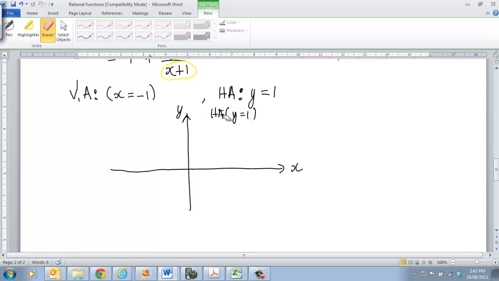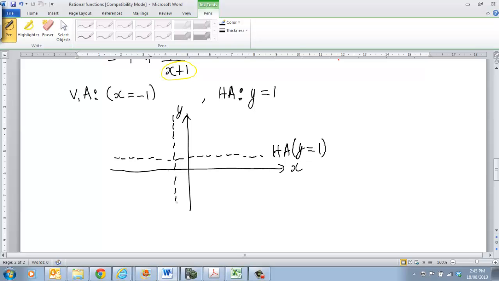That's not a horizontal asymptote, it's a vertical asymptote. So I'm going to have my horizontal asymptote here, y is equal to 1, and a vertical asymptote over here at x equals minus 1. Alright, so you get the idea. We do a dashed line to represent that.